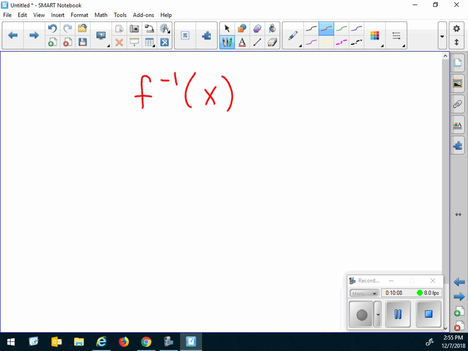Now let's go down where it says finding the inverse of a function. These are the steps that you use to do what we did with regular numbers. Look at the first one. Replace f of x. What does f of x mean? Y. So your step one is you replace f of x with y. Step two, you don't have to write anything.